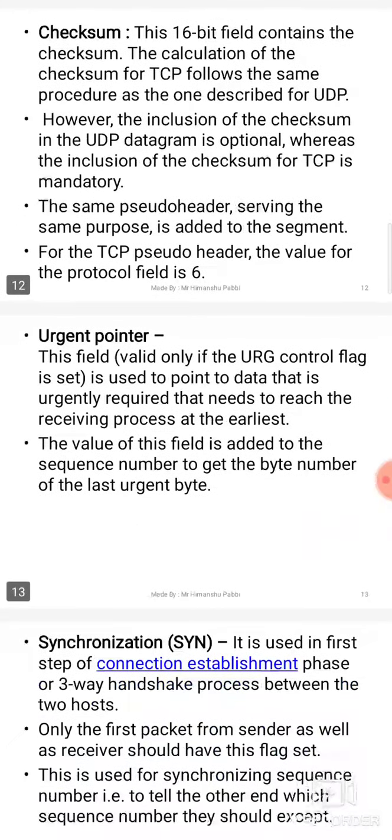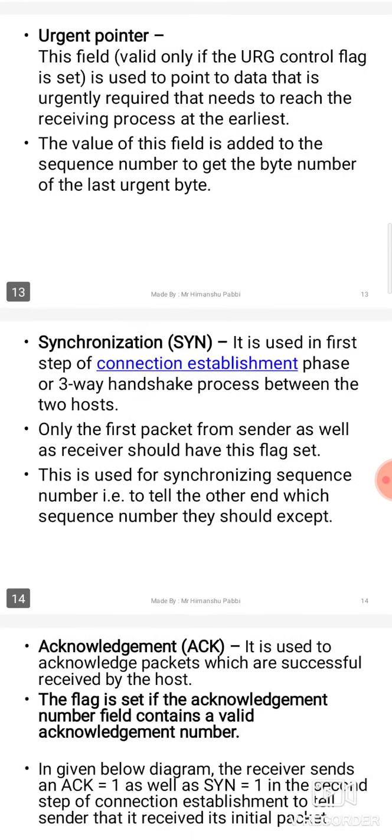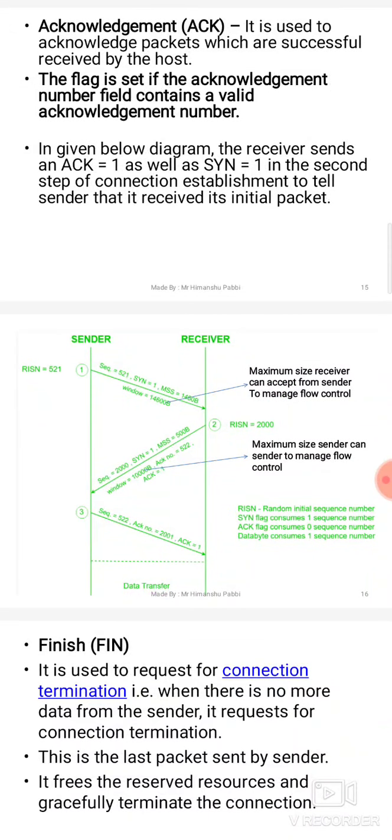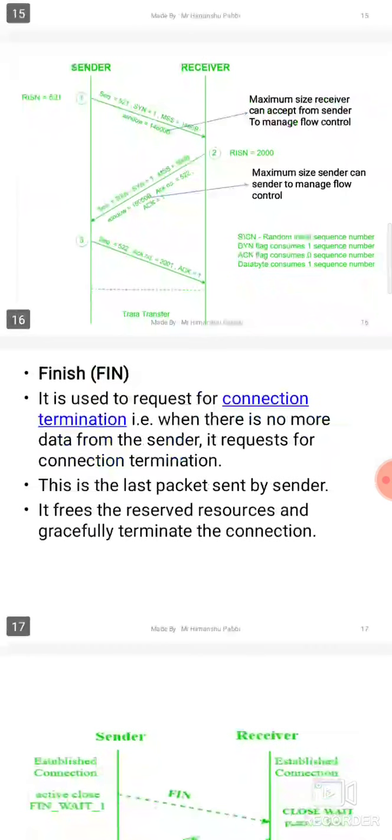The urgent pointer field is used to point to the data that is urgently required and needs to reach the receiving process as early as possible. Then SYN and ACK are flags, and we have finished with those. The FIN flag is used to finish the connection.